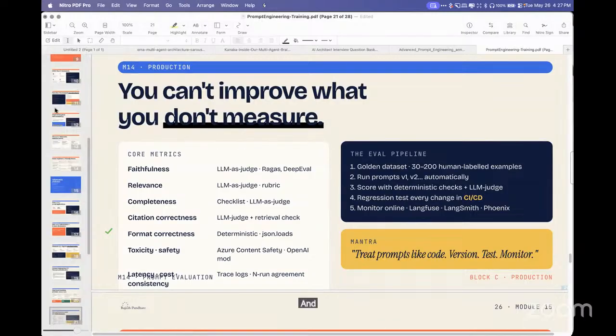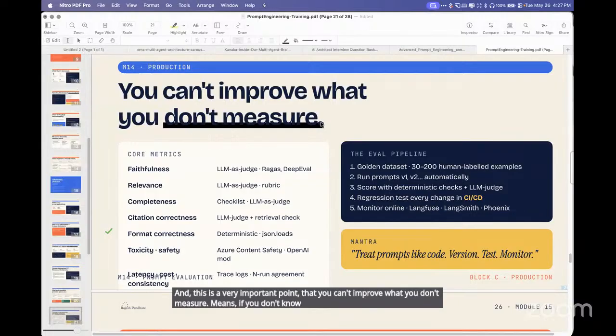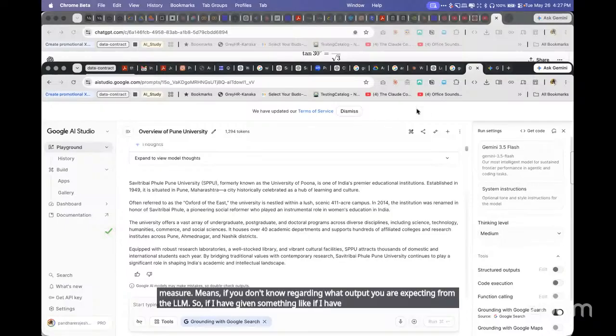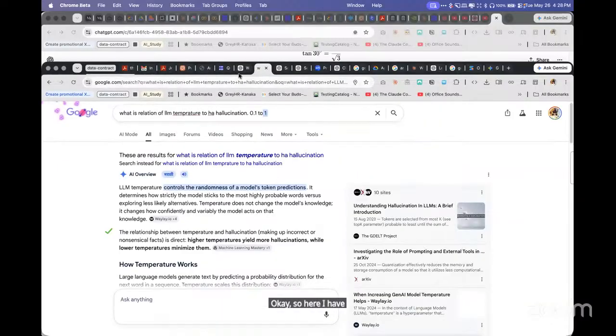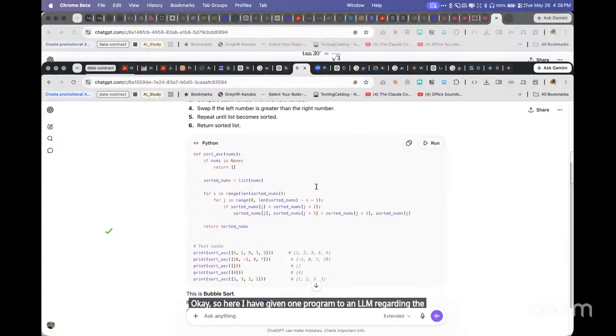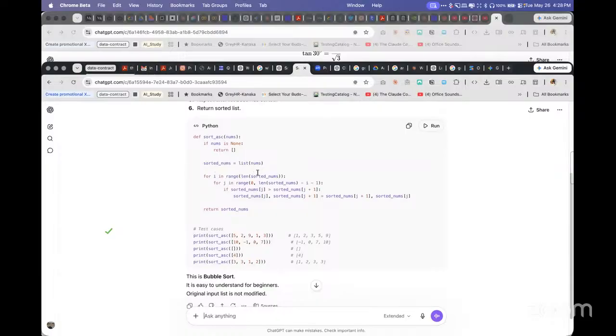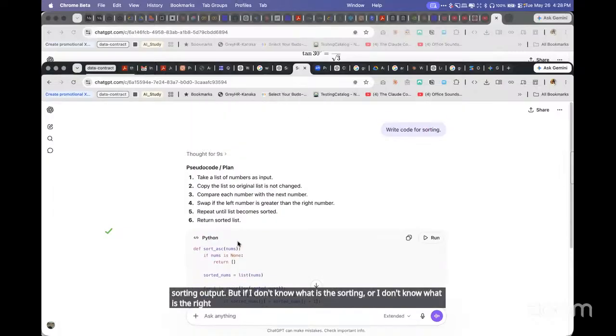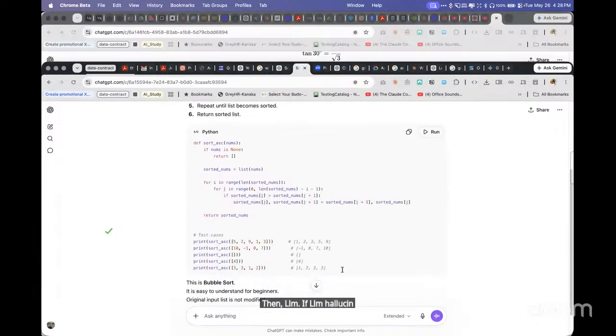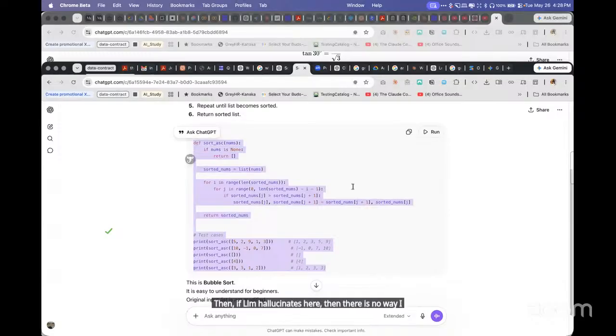And this is a very important point: you can't improve what you don't measure. It means you need to know what output you are expecting from the LLM. So if I have given one program to an LLM regarding sorting, but I don't know what sorting is, or I don't know what the right output is for this question, write code for sorting, and the LLM hallucinates here, then there is no way I will get to know this is a bad output.